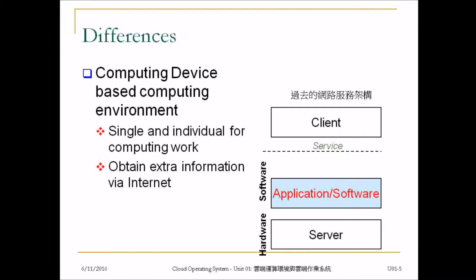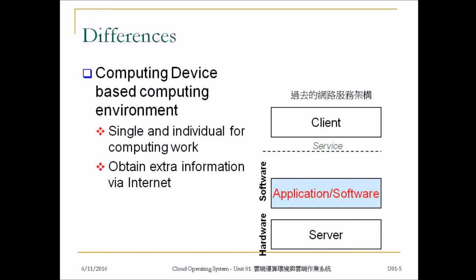In the past, the client or remote users could only obtain the given web services from this server. The server is established at a remote location with specific applications or software. The client users cannot decide or select customized services.